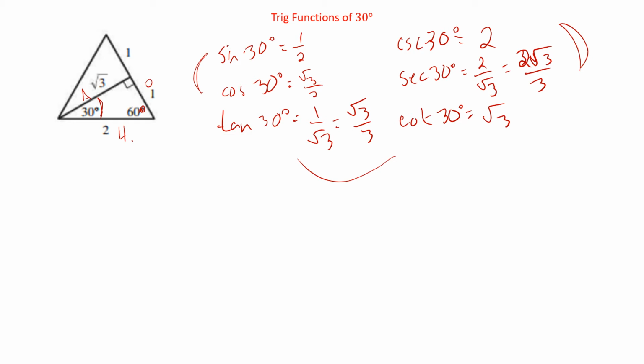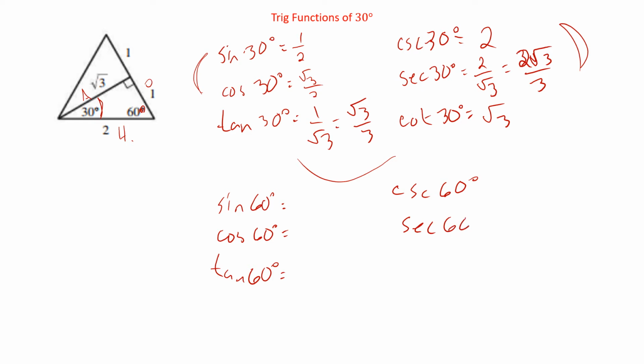So of 60, let's go sine 60, cosine 60, tangent 60, cosecant 60, secant 60, and cotangent 60.